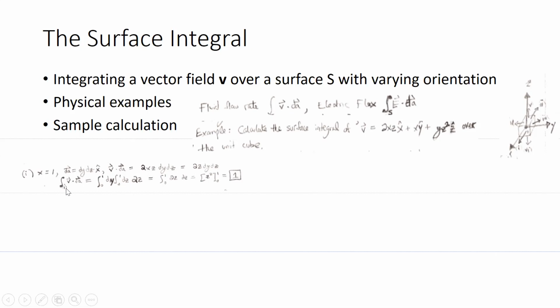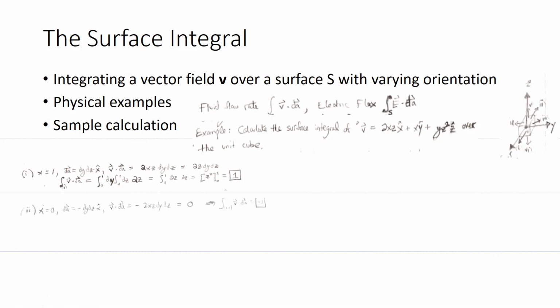So the integral of v dot dA would be the integral from 0 to 1 of dy, since that's the unit cube, times the integral from 0 to 1 of dz times 2z. The integral from 0 to 1 of dy is just 1. The integral from 0 to 1 of 2z, you recognize the antiderivative of that is z squared. So that just becomes z squared evaluated from 0 to 1, so 1 minus 0, or 1. Okay, so the surface integral out of this surface would be 1.